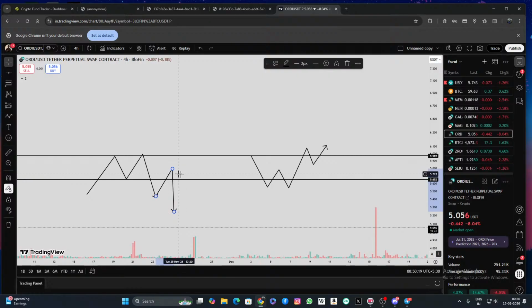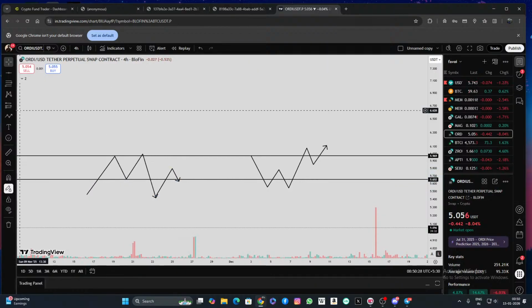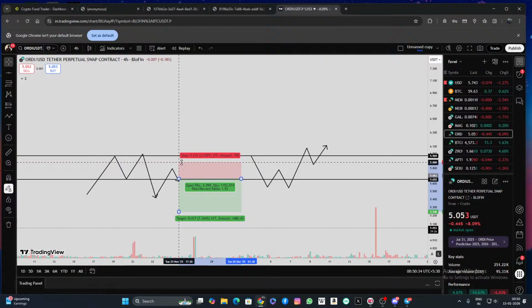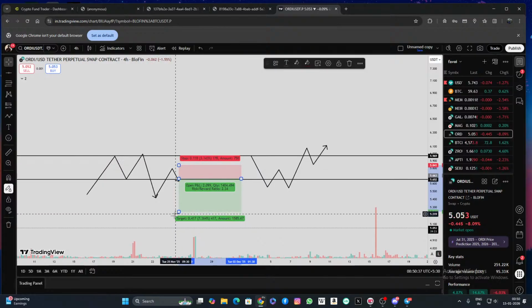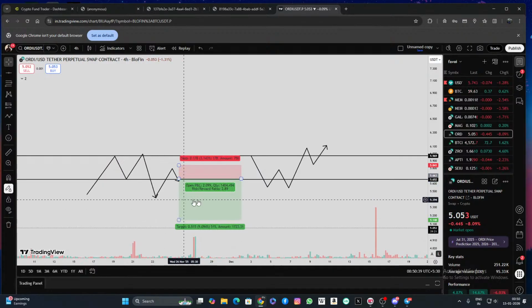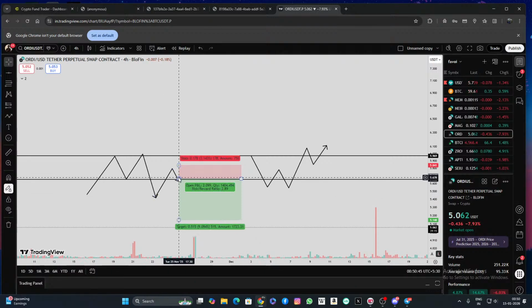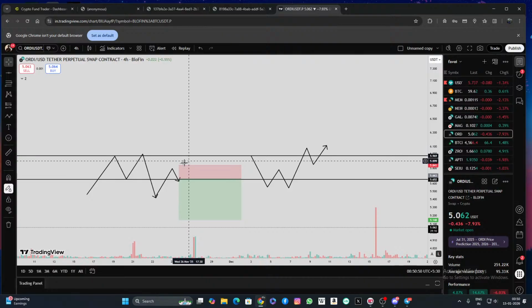After you see a rejection here, then whenever the market tries to break this support zone like this, you take entry here, put your stop loss around here, and boom, a pretty good trade is ready with a high risk to reward. Okay, always wait for a 4-hour candle close below the support. Okay, then you can take your trade.